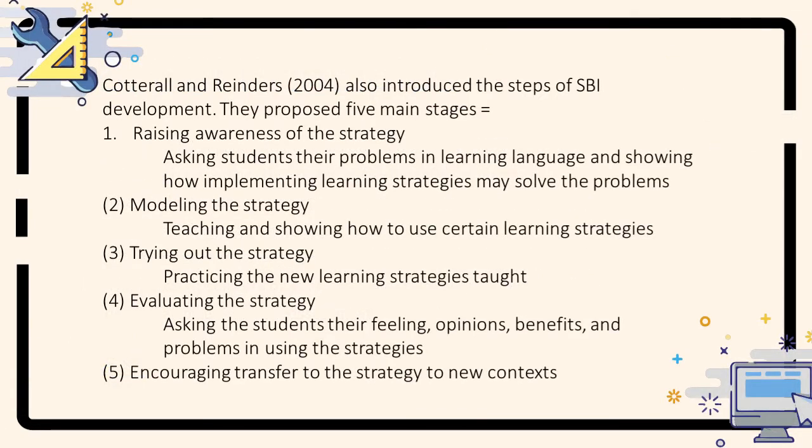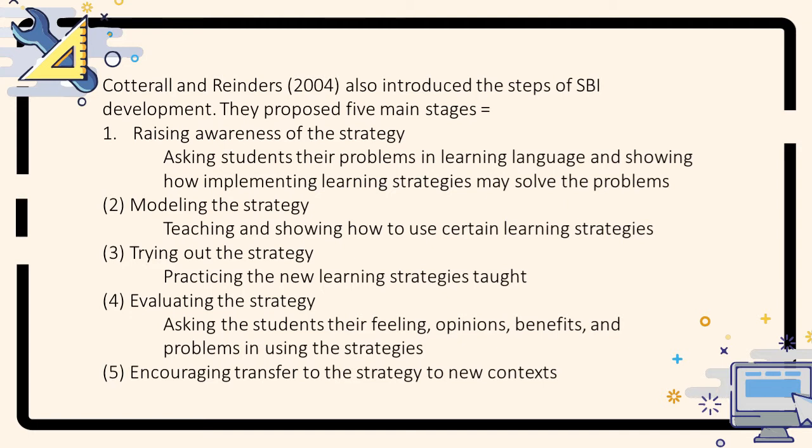Cohen and Weaver also introduce the steps of SBI development. They propose five main stages. Number one, raising awareness of the strategy, asking students their problems in learning language and showing how implementing learning strategies may solve the problems. Number two, modeling the strategy, teaching and showing how to use certain language strategies.